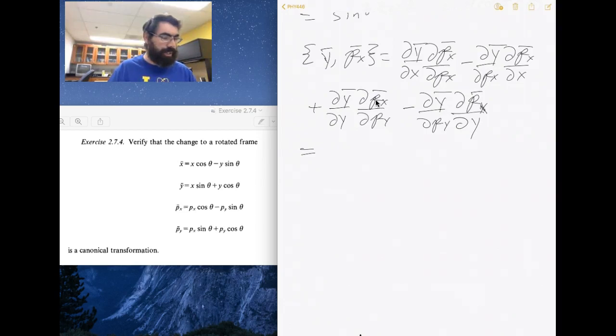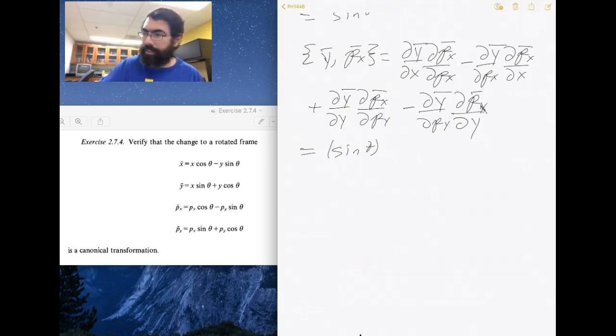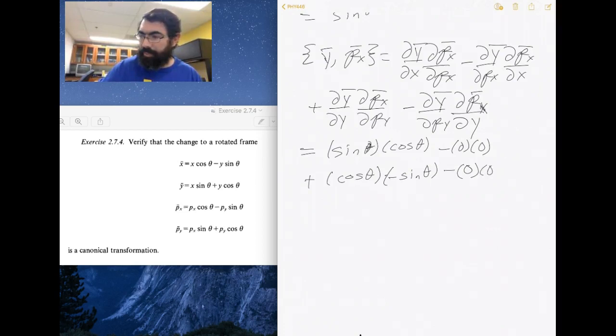So what do we get? We get sine of theta times cosine of theta minus 0 times 0 plus cosine of theta times minus the sine of theta minus 0 times 0.